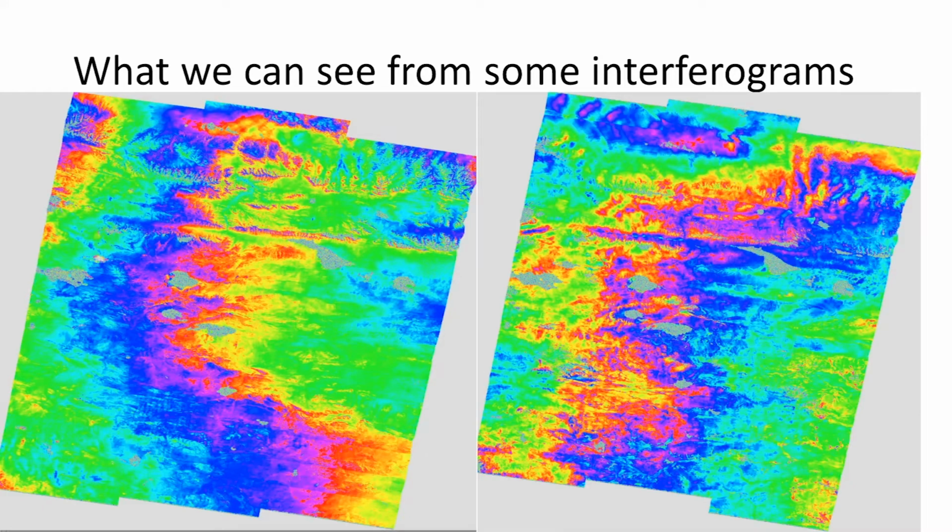Are those features in the bottom right artifacts? This one? Yeah. I think it's because of some problems during the alignment. Maybe the ionosphere.